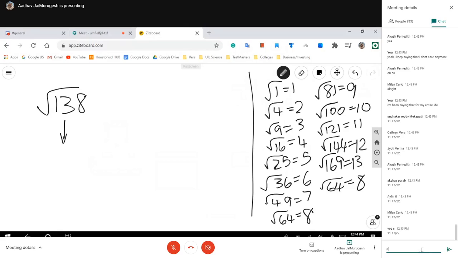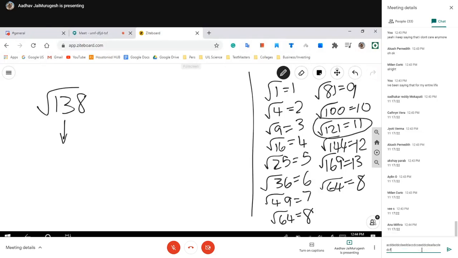So the closest perfect square below 139 is going to be 121, and I have written it over here. You can always use this part for later reference. I do recommend you memorize all these numbers.